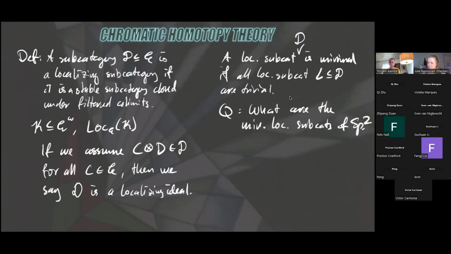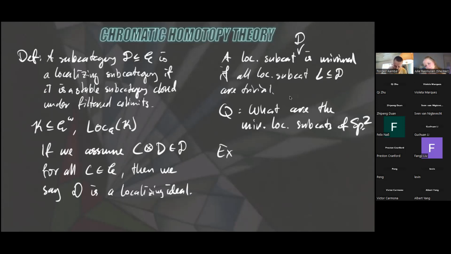It's terribly difficult to figure out because there's a lot of things happening in spectra. It's a very complicated and rich category. But we have some sets of minimal localizing subcategories. So chromatic homotopy theory is about these kinds of categories.